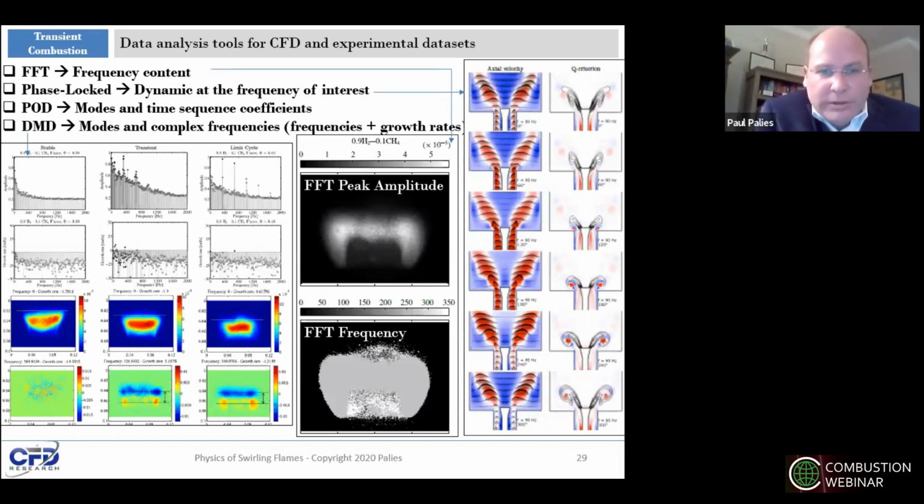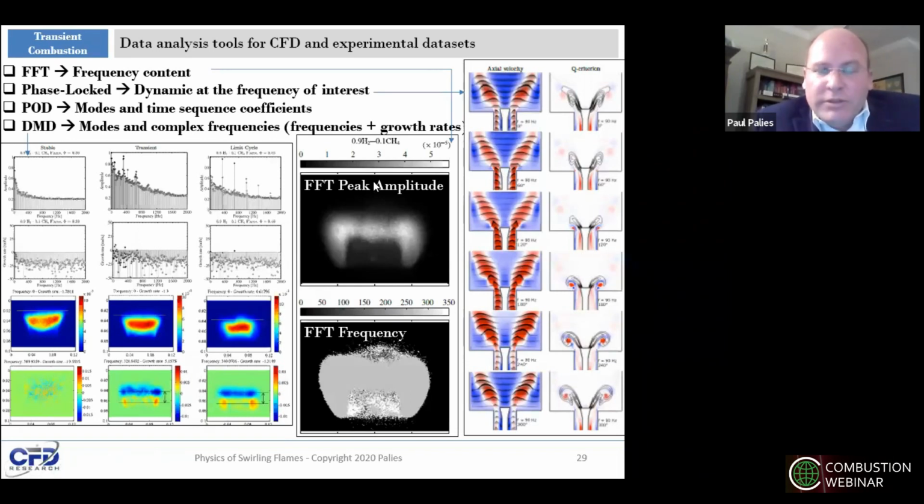First, I want to show a couple of diagnostics that are used for both CFD and experimental data. You have the fast Fourier transform that can be applied to flame data to extract the frequency content, which was conducted on this slide. Here you see the center plot represents the FFT amplitude peak along with the frequency associated to this peak.